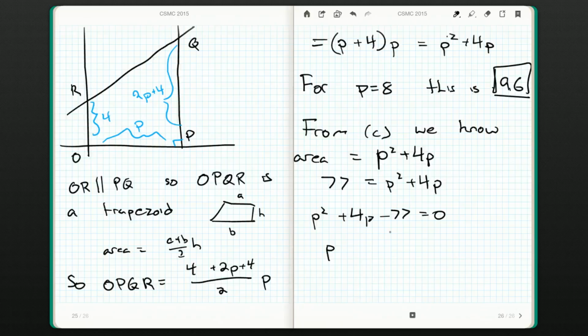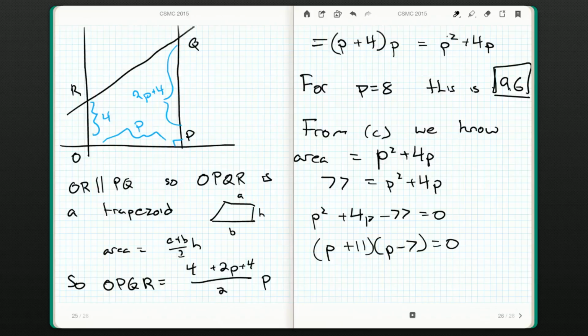Oh, okay, yeah. Two numbers that differ by 4, and sorry, I was thinking that they'd both have to be negative, like negative 7 and negative 11 or something like that. No, it's going to be p plus 11 and p minus 7. If I'd just done the quadratic formula, I wouldn't have had to hesitate there.